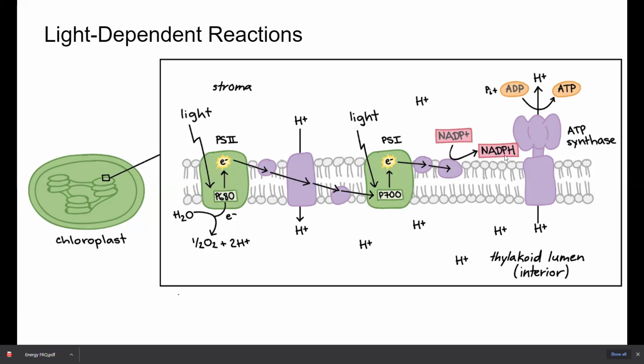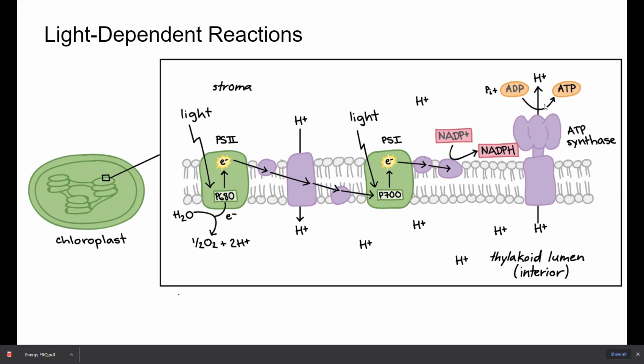So pH, and that's this again, just like in the electron transport chain of cellular respiration, is going to be a big wall, a big dam of H+ that want to flow through ATP synthase to create and generate ATP, which is going to be used in the Calvin cycle, or the light independent reactions, the next stage of photosynthesis.